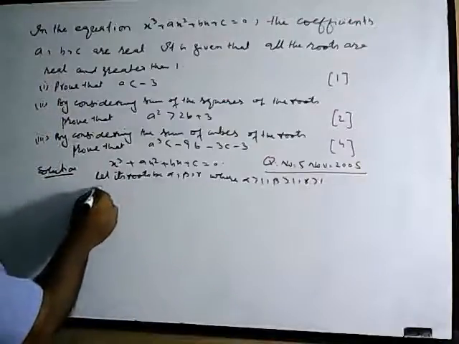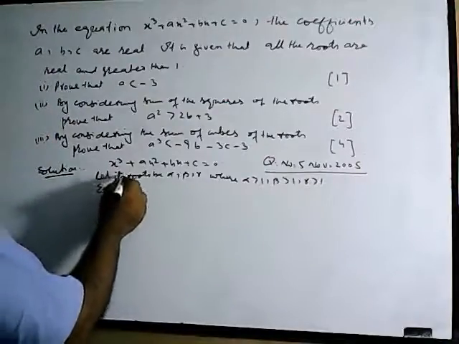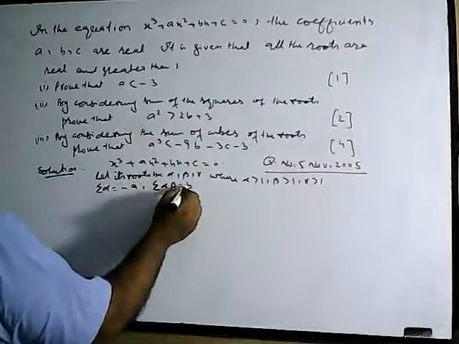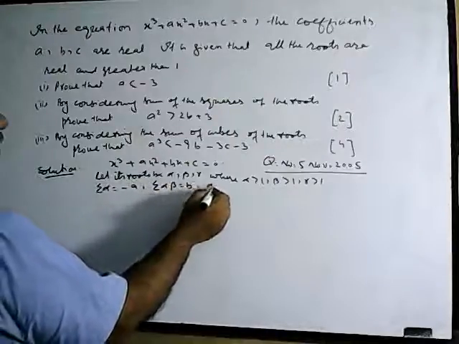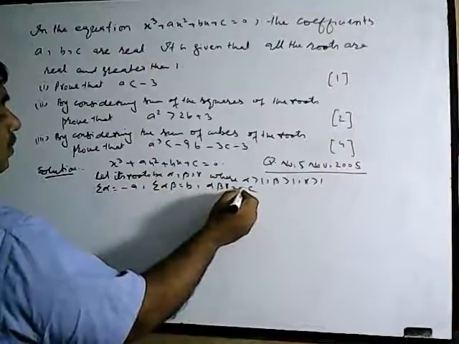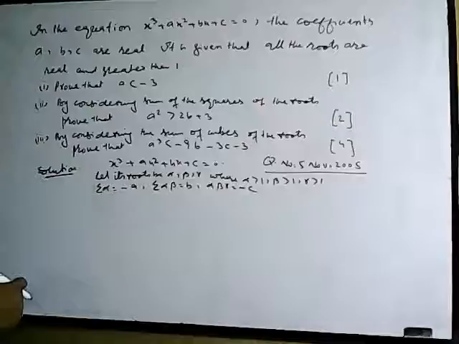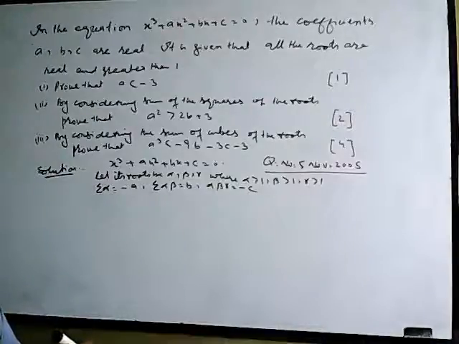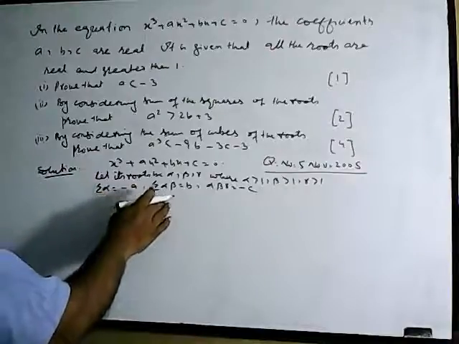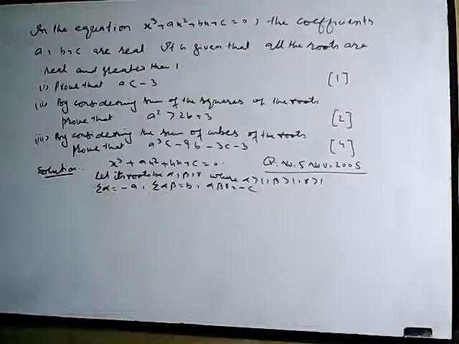Now the sum of the roots, sigma alpha, will be equal to minus a, sigma alpha beta is equal to b, and alpha beta gamma is equal to minus c.